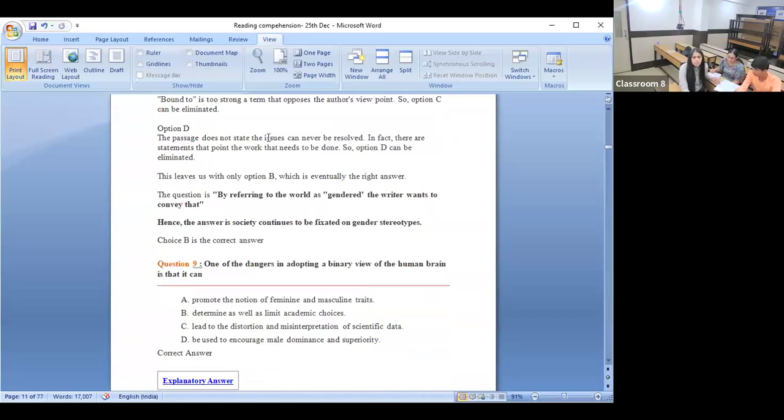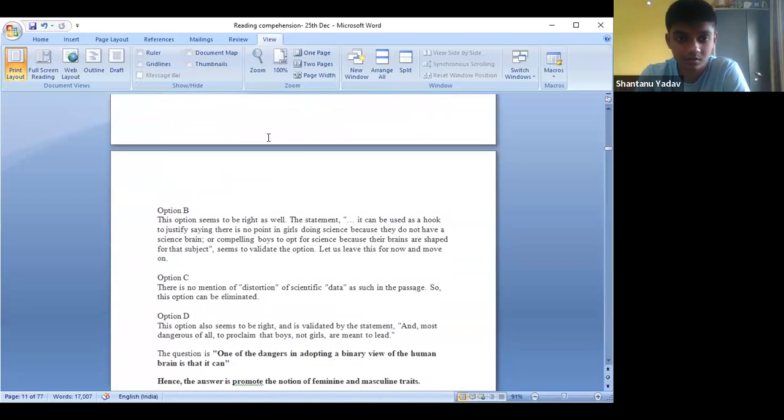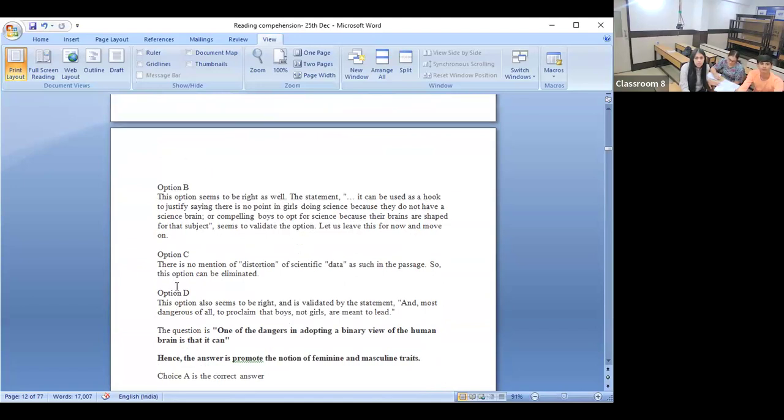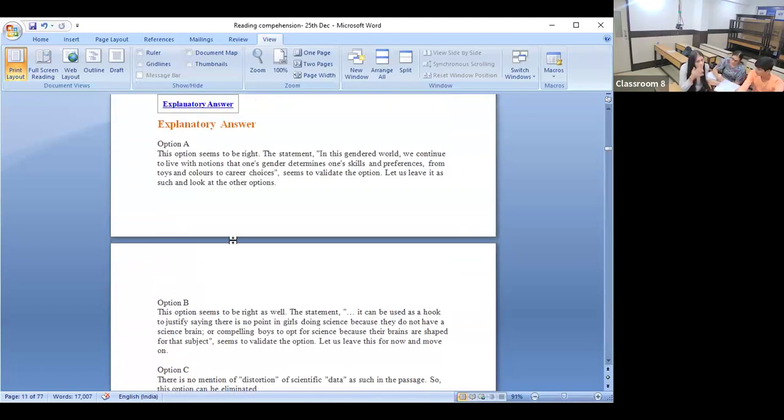Question number 3. One of the dangers. A. You said B from Bombay. Yes. Okay. So let's just discuss A and B. C and D we are ignoring because no one said it. In the narrower context, it should be B, but in the wider context, it should be A. The first sentence is talking about the choices of the career, and in the second it talks about grades.